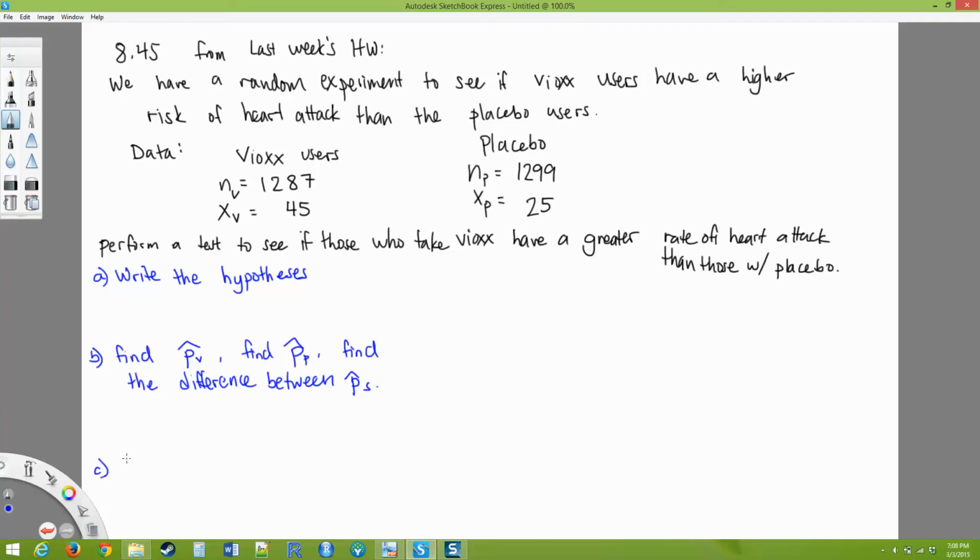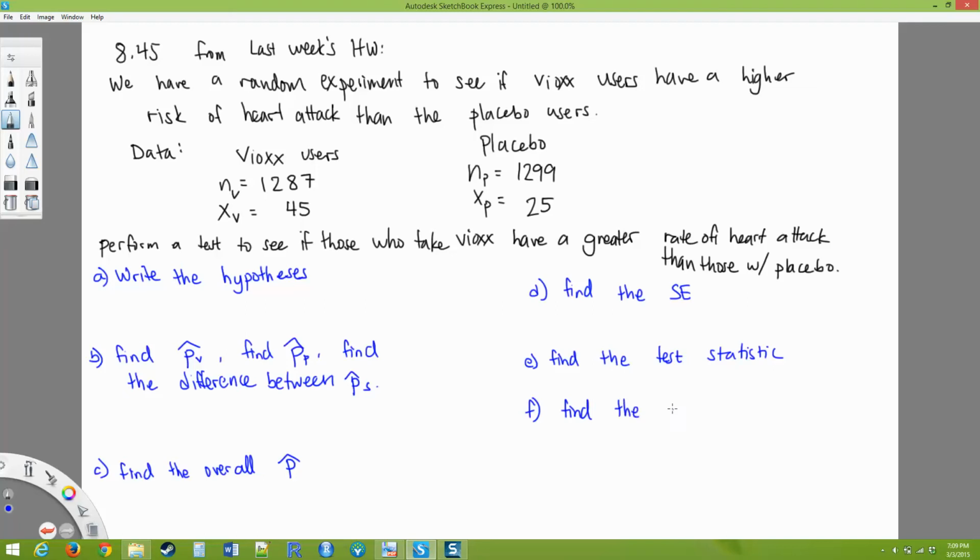And then I will also say find the overall P hat. So find the standard error, find the test statistic. These are all steps that you need to be doing.